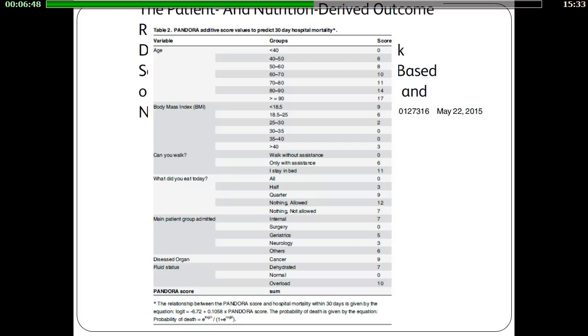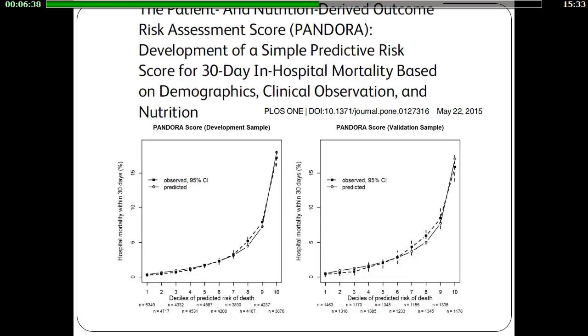Is there a cancer, and what is the fluid status? So this is a combination of some nutritional aspects, like BMI, functional aspects, and again, the higher the score, the higher the mortality, which was confirmed in the development sample and in the validation sample. There is no version of the Pandora score for the ICU until now.